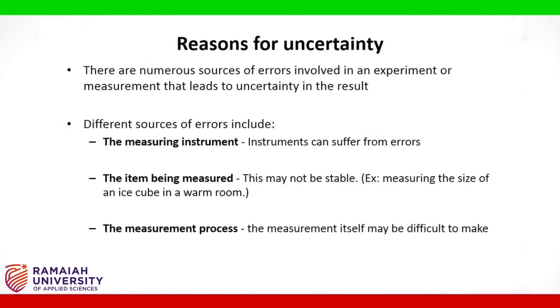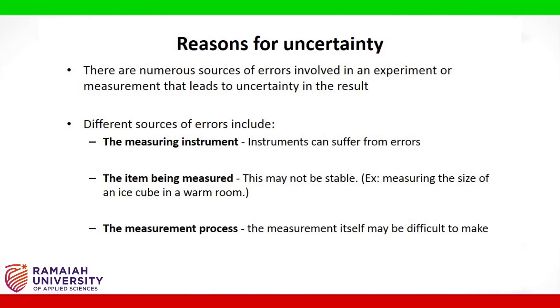There are numerous sources of errors involved in an experiment or measurement that lead to uncertainty in the result. Different sources of errors include: the measuring instrument itself may suffer from errors. The item being measured may not be stable.